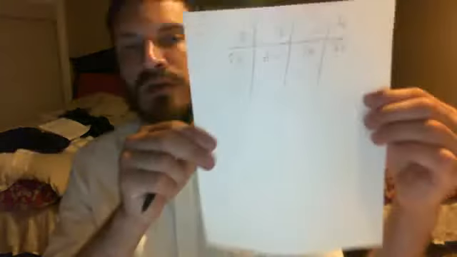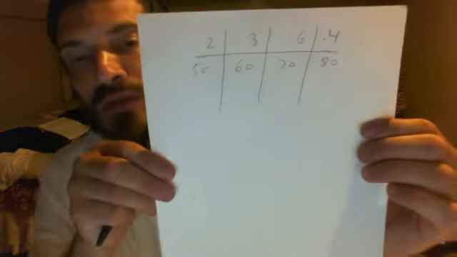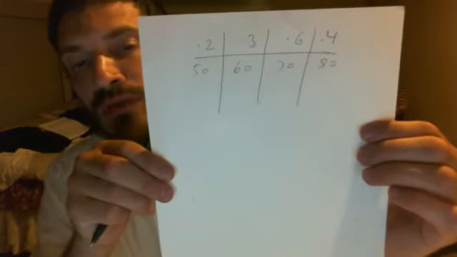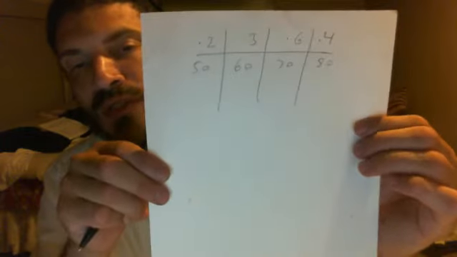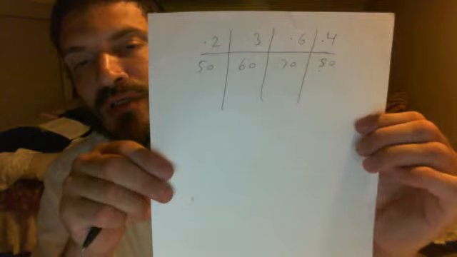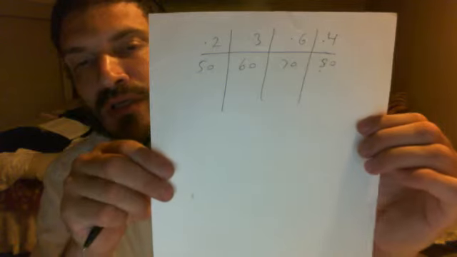Here you go. There is 20% of the people weigh 50 pounds, 30% weigh 60 pounds. I'm sorry, I made the wrong numbers here. 0.3, and I'll make here 0.1, and here will be 0.4.